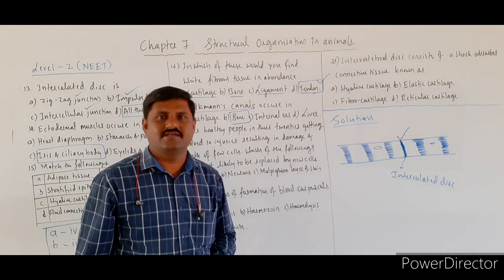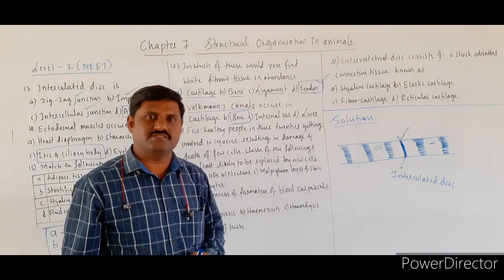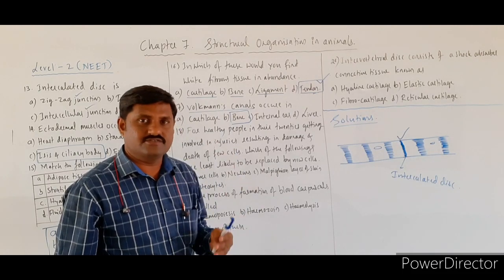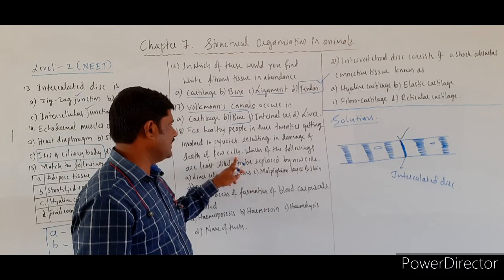What happens? When he meets an accident, damage of the tissues takes place, he loses many of the cells, and they die themselves, death of few cells.